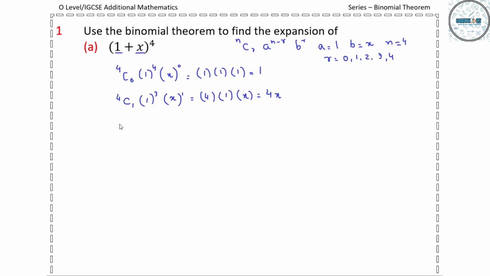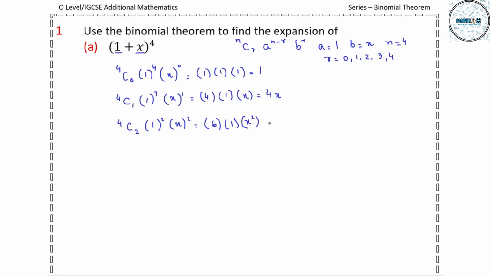For the third term, the value of r is 2. 4 minus 2 is 2. So 1 will have power 2. x has power r, so it is 2. 4C2 is 6. 1 square is 1. And x square is x square.